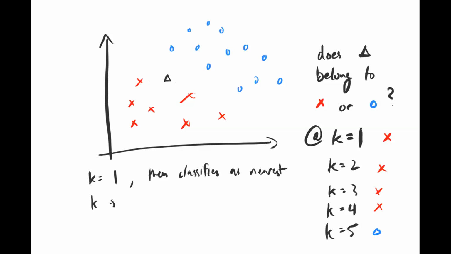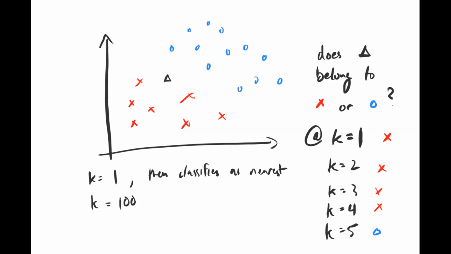What happens as k approaches infinity? Let's say my k in this particular example is equal to 100. What would my triangle be classified as? Can anyone make a prediction? Blue, because there's more blue points. Yeah, exactly.